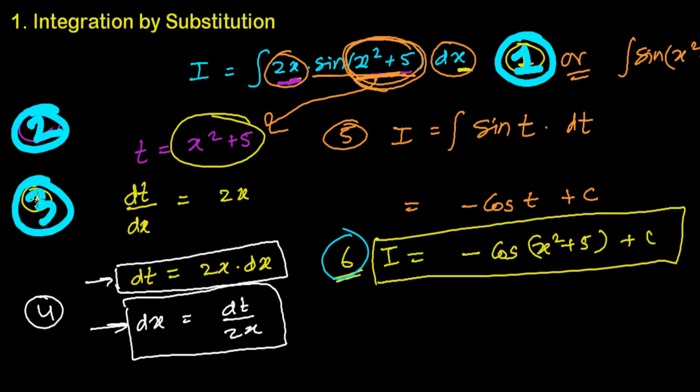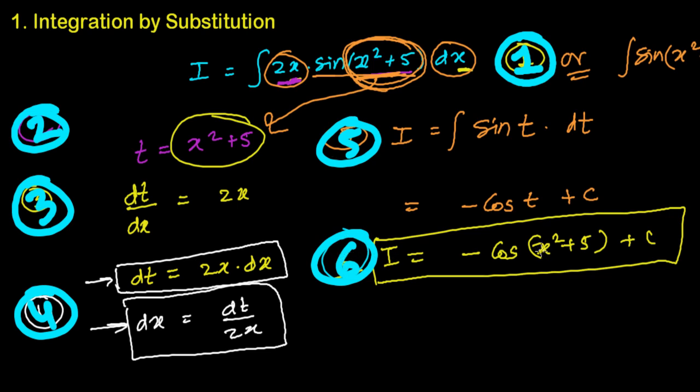Third step is differentiate the new function with respect to what you're going to integrate. Fourth step is get a good relationship. The fifth step is replace the integrand with the new function, and the sixth step is replace the new function with the original one. And that's it, you're finished.